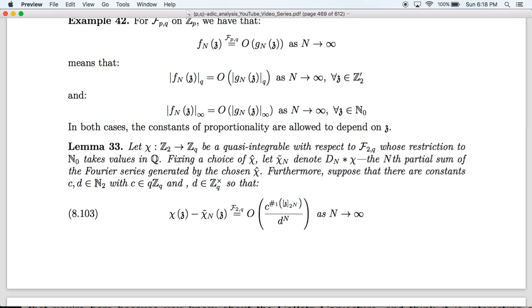Furthermore, suppose there are positive integer constants, both of which are greater than or equal to 2, such that c is a multiple of q, and that d is co-prime to q, and that chi(z) minus the nth resummation has this asymptotic as n approaches infinity.